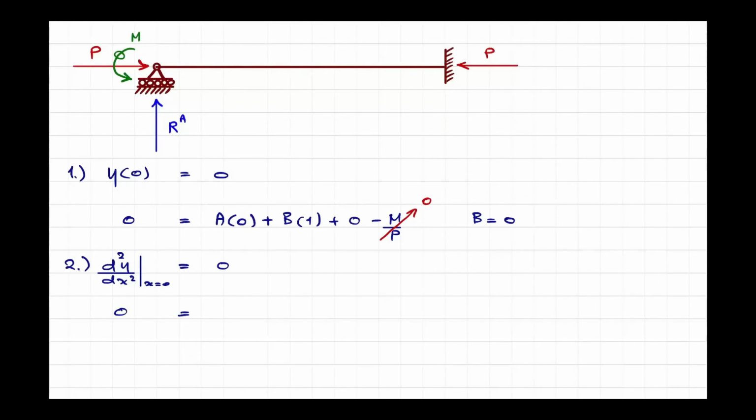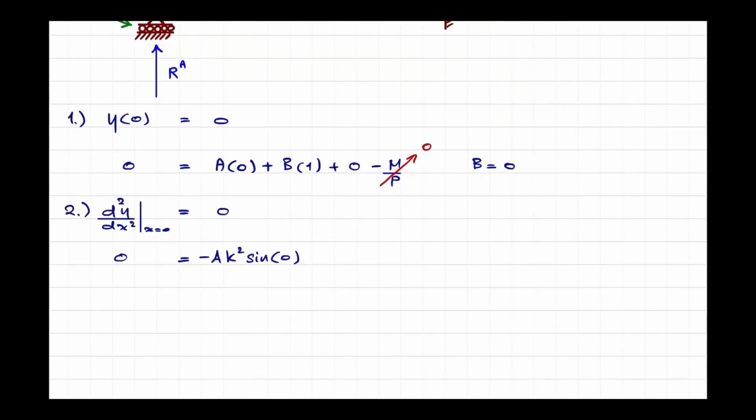So 0 is equal to a k square minus sine 0. The b term is not there. Rax differentiated twice is 0. M over P differentiated is 0. So basically you don't get anything from this, no information obtained.